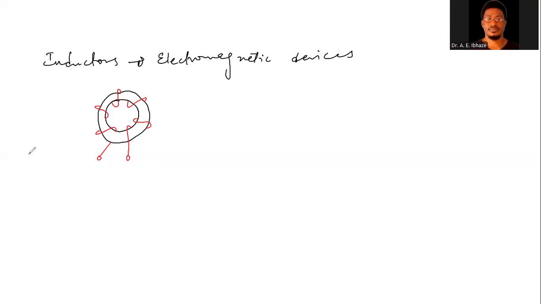Let's say current through this forms N turns of coils, and this forms a ferromagnetic core or iron.